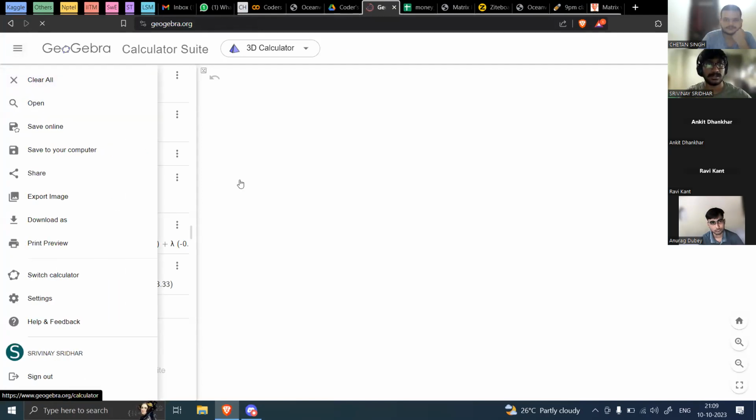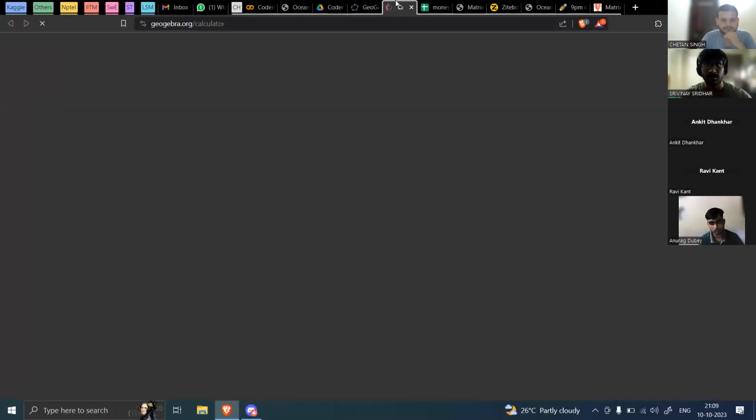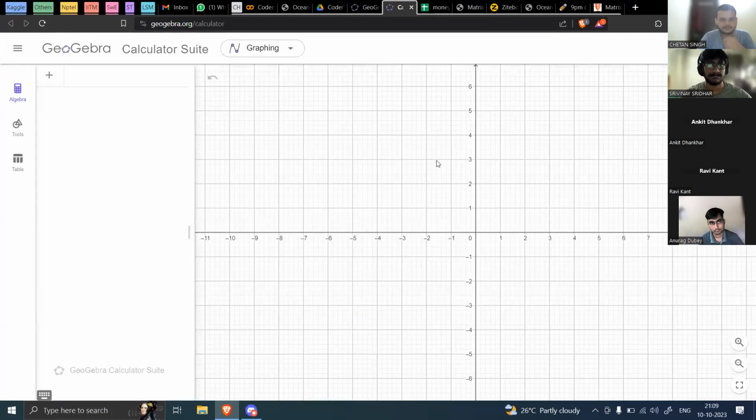Maybe they can try it by themselves first. Guys, you can try plotting the vector (1, 1) in GeoGebra and see which points you think are perpendicular.